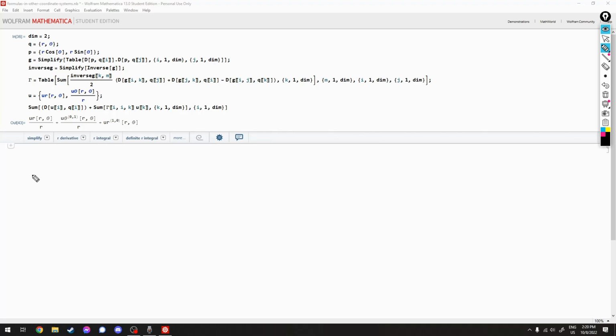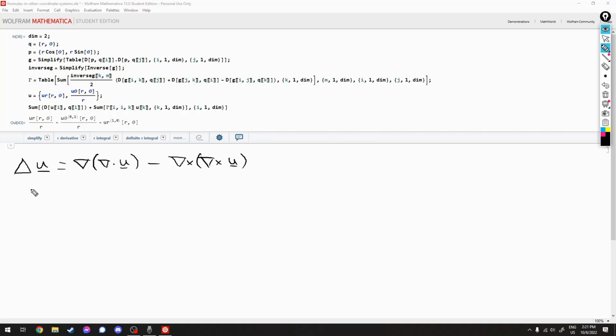So a formula you might see in vector calculus, in 3 dimensions, is that the vector Laplacian of u is the same as the gradient of the divergence of u minus the curl of the curl of u.